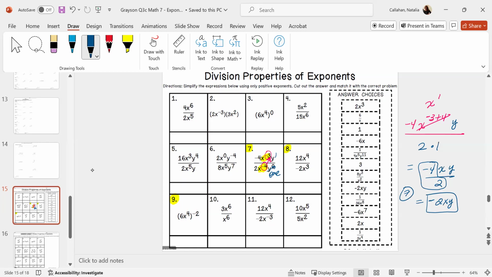Now, if you look at this, that answer is right here. So that's 7. Now you try 8 and 9 and see where you get to.